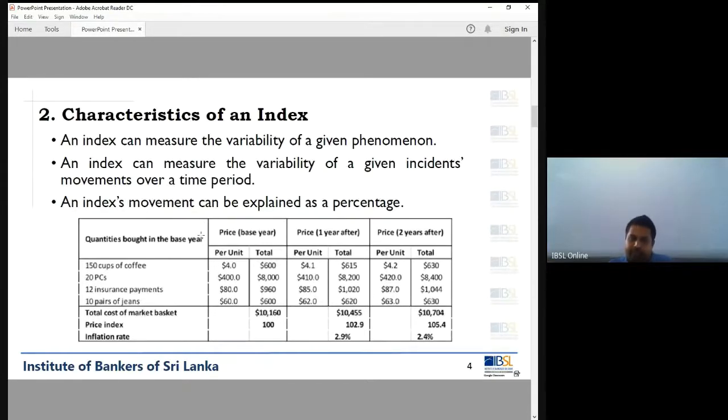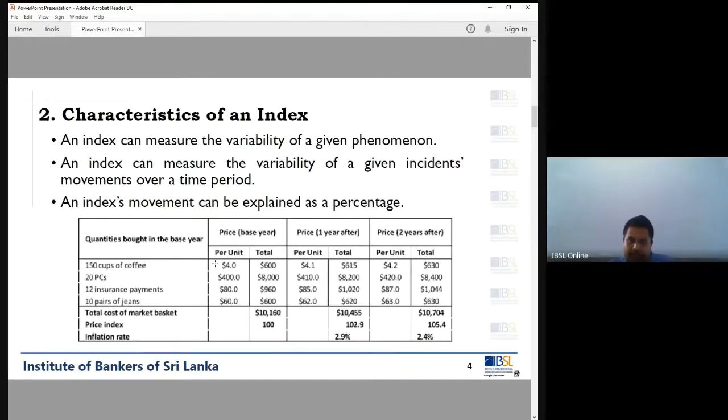We are defining this base year, and in the upcoming sessions, just for the time being, let's say this is the starting point, the base year, and then we have the price after 1 year. Then we have the same after 2 years. So what we have here is the quantities: 150 cups, 20 pieces, 12 insurance payments, and 10 pairs of jeans. These are the quantities that we are going to measure for this particular index that we are going to construct.